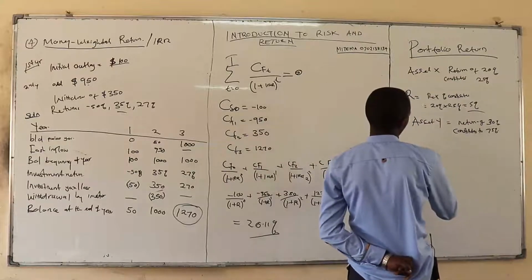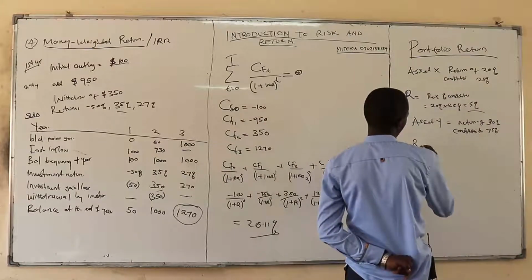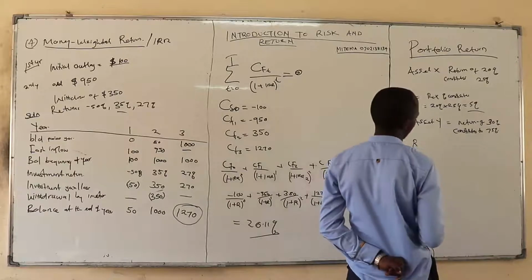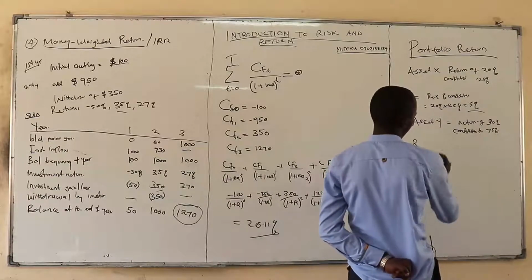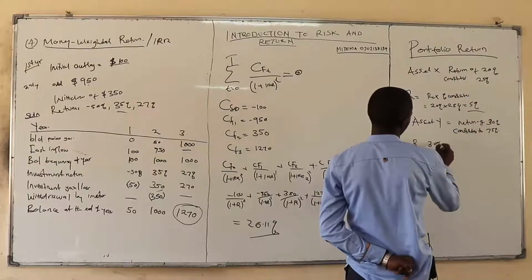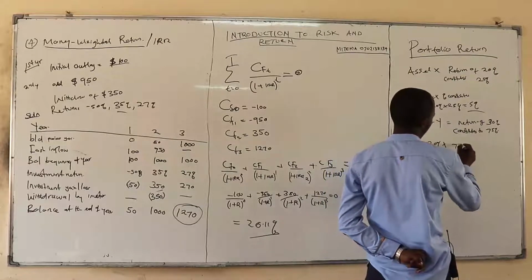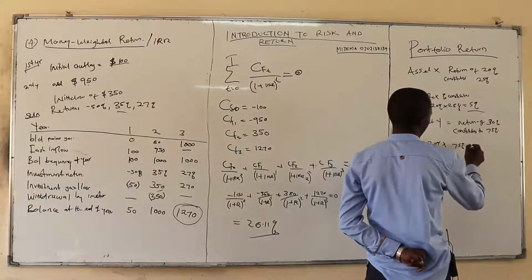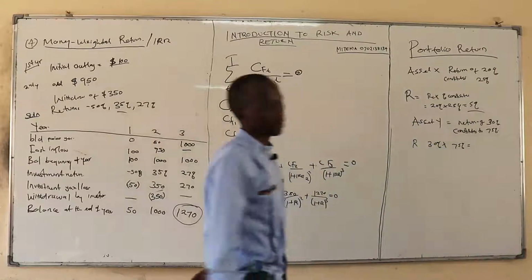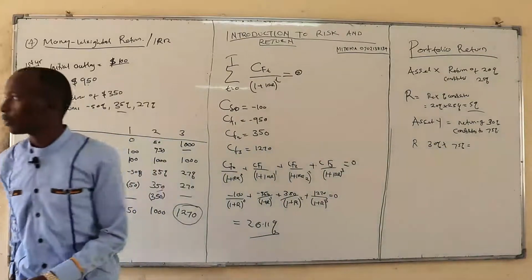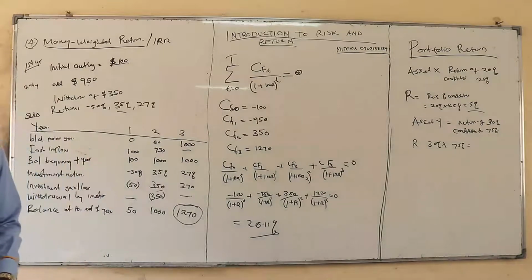Then you are asked to calculate the return of asset Y. It will be 30% multiplied by 75%.